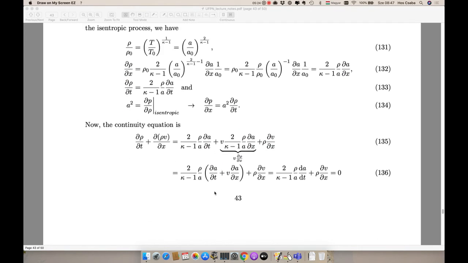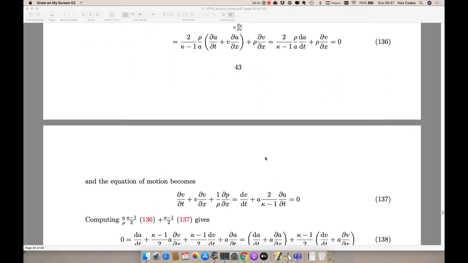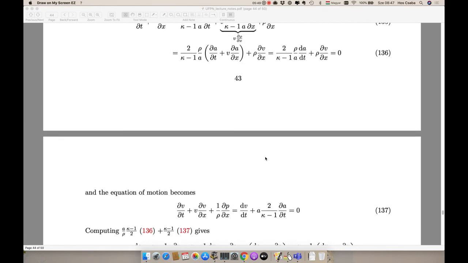Now, with this transformation, the continuity equation can be rewritten in this way, or this is equivalent to it. Basically, you replace the density by sonic velocity, and then you get an equation for sonic velocity and velocity. You can do the same with the equation of motion. This is fairly simple because there is no density derivative, so this is simpler. As you see, the right-hand side is 0.